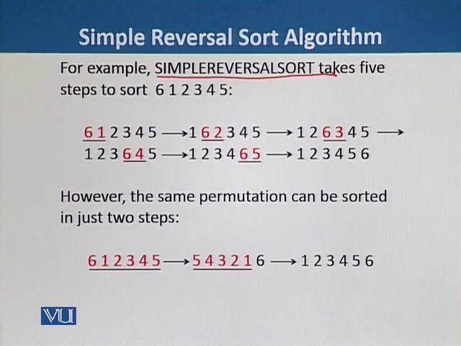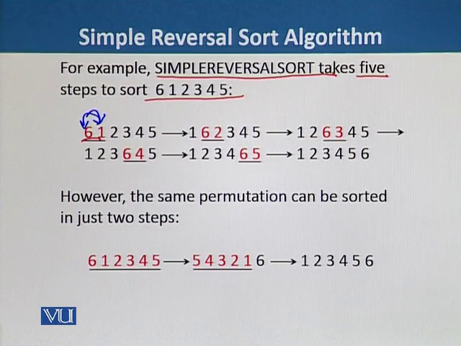So if we use this simple reversal sort algorithm on the order 6, 1, 2, 3, 4, 5, and we want to arrange them in ordered form by using this algorithm, it will take 5 steps. In the first step, 6 and 1 will be reversed, and 1 will come at the position of 6 and 6 will come at the position of 1.